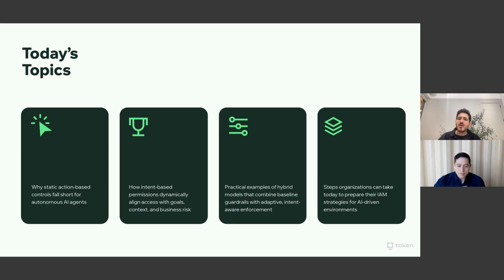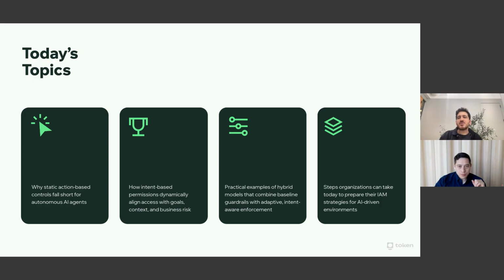We're going to give some practical examples about how to set some guardrails around your AI agents, what the risk is around the identities and access of those AI agents, and some practical steps that you can take to prepare in order to really support this AI journey.